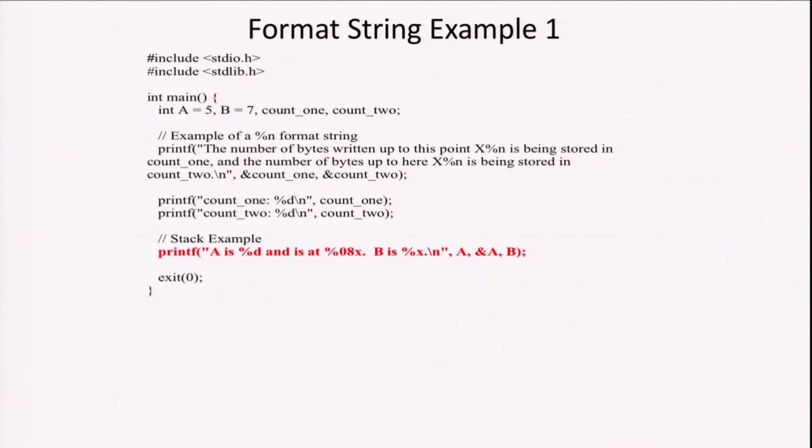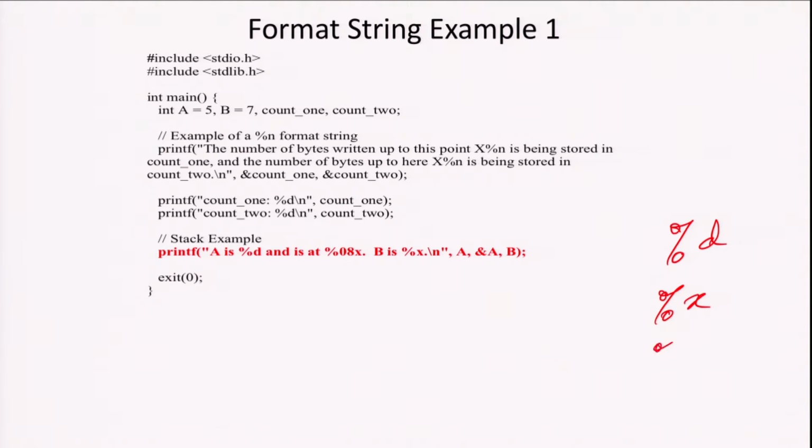First of all, before we go into this example, remember that printf, scanf, and similar functions like sprintf, fprintf, and so on use what is called a format string. If we use %d, we mean integer. If we use %x, we mean hex.